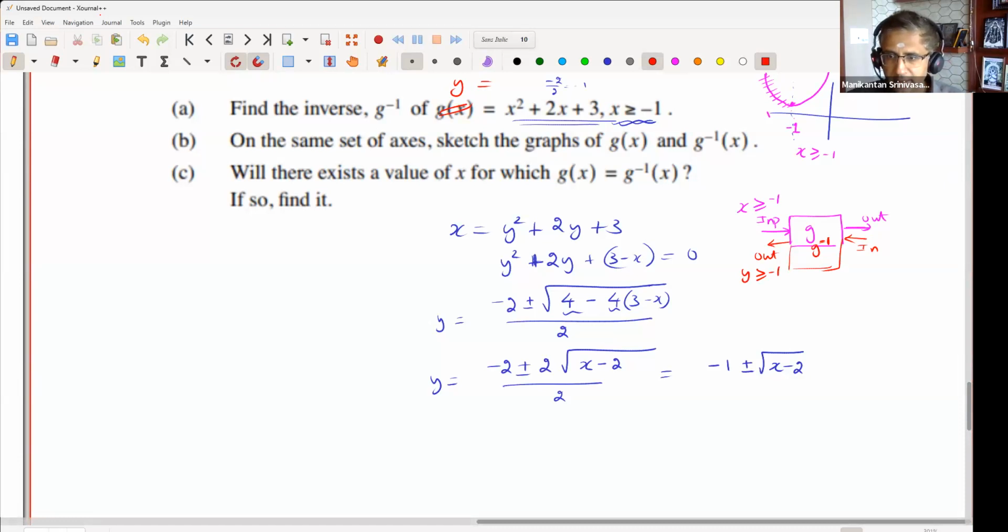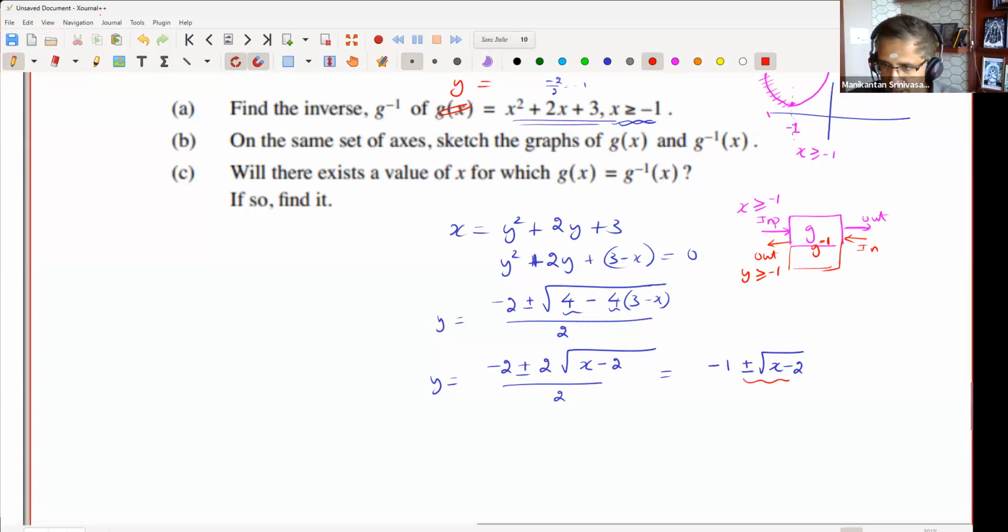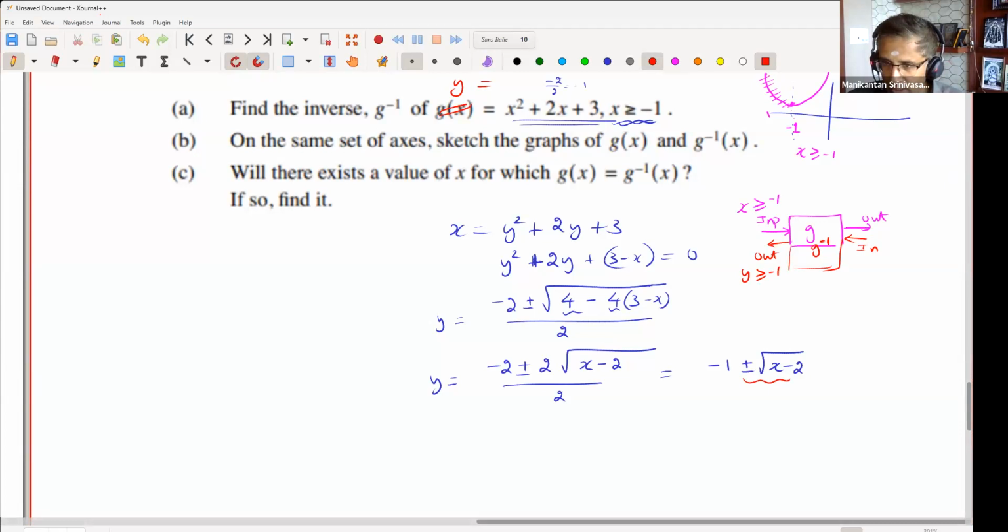Yeah. So y is greater than or equal to minus 1, which means we should only consider the portion of root of x minus 2 which gives a value which is greater than or equal to 0. So we'll just say minus 1 plus root of x minus 2. Because if I considered plus or minus, that will imply that y could be less than minus 1 or more than minus 1.